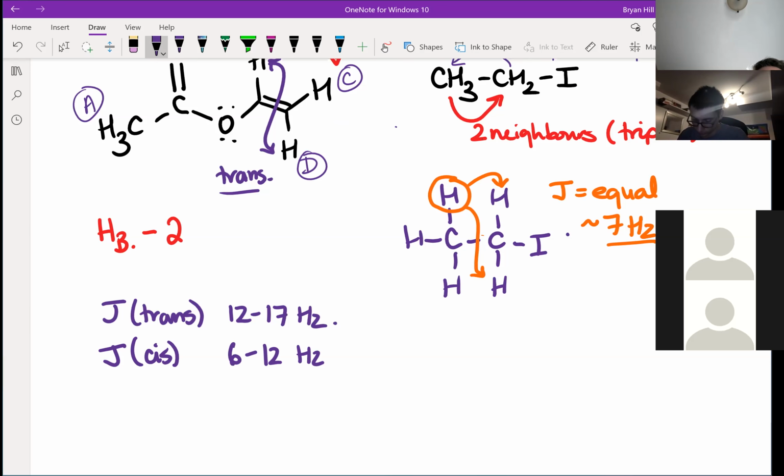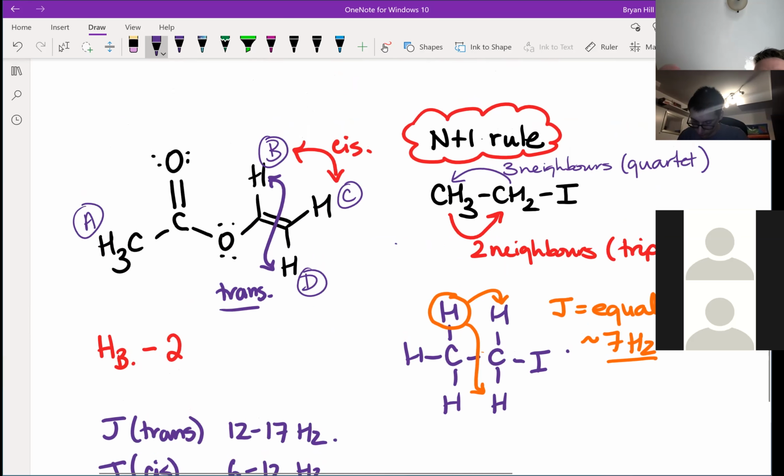So what happens to the n+1 rule when it's got 2 neighbors, but they're not the same? How does this manifest itself in a spectrum is, I guess, what I'm trying to talk about.